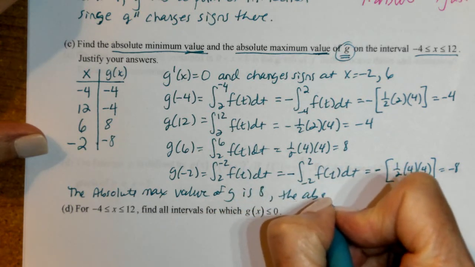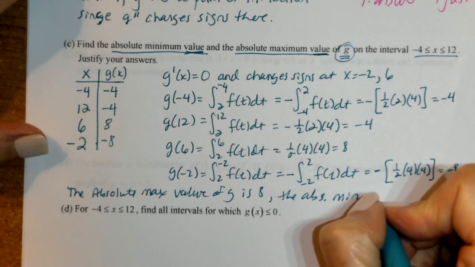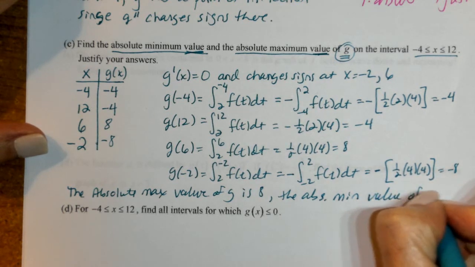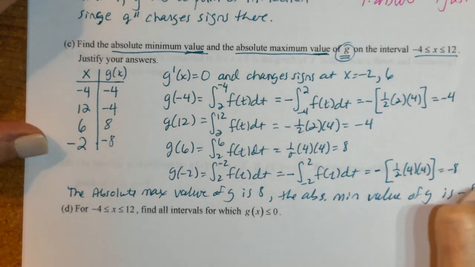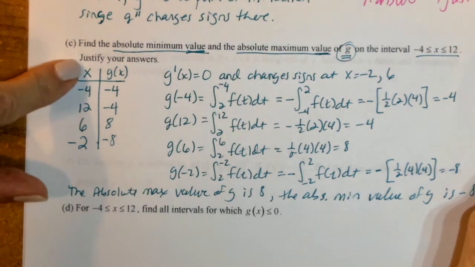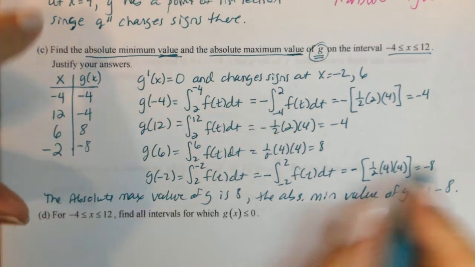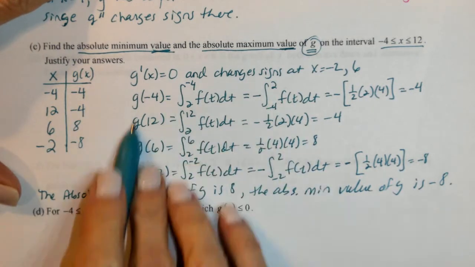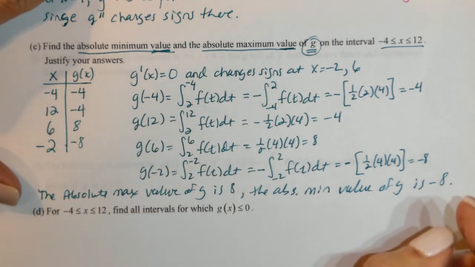The absolute minimum value of g is negative 8. My justification is the closed interval test that everybody can see here. All of this is my justification.